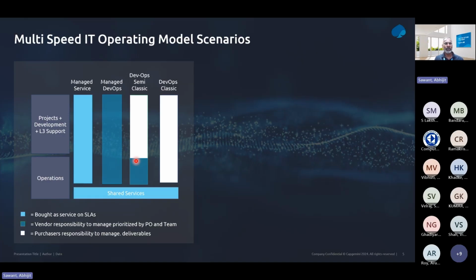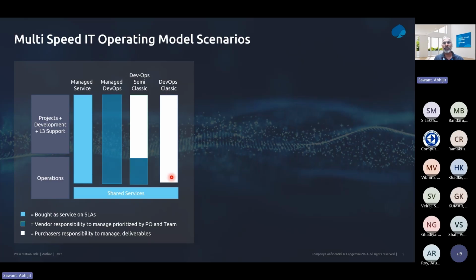This DevOps semi-classic is the one where the customer wants to retain the developments and the project ownership completely and give away the operations to the supplier to manage. So they still want to retain the top part.